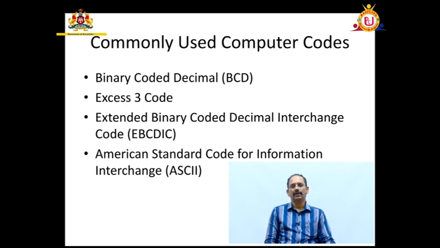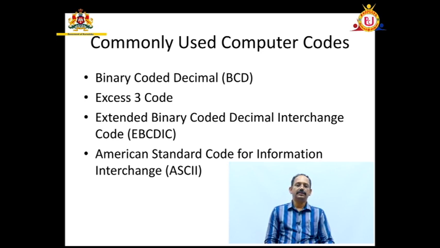In short, it is called as BCD code. It is a numerical computer code. XS3 code is another type of computer code that is also used to represent numerical values.